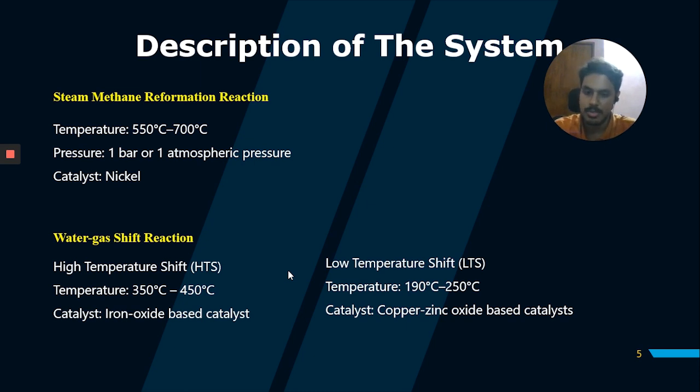Subsequently, the water gas shift reaction can be divided into high temperature water gas shift and low temperature water gas shift. The high temperature water gas shift is performed at 350 degrees Celsius to 450 degrees Celsius with an iron oxide based catalyst. And the low temperature water gas shift is performed at 190 degrees Celsius to 250 degrees Celsius with a copper zinc oxide based catalyst.